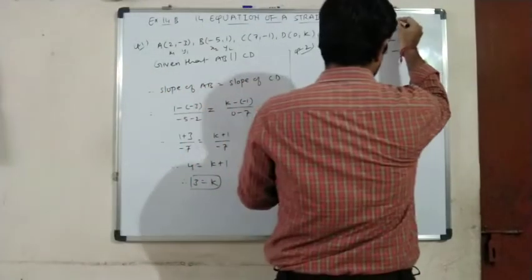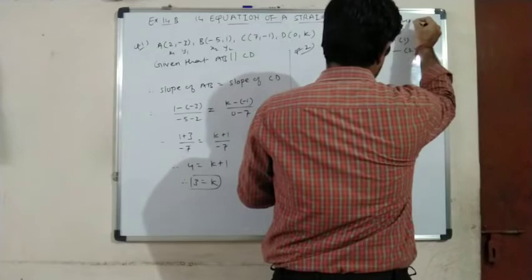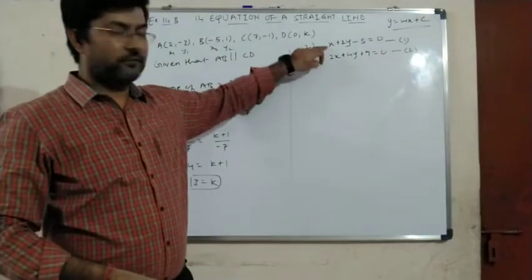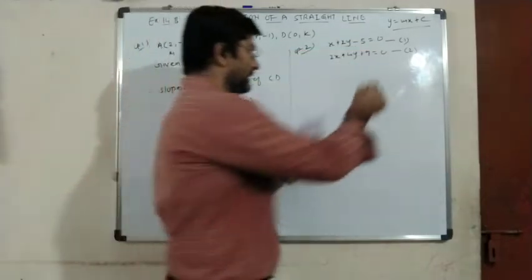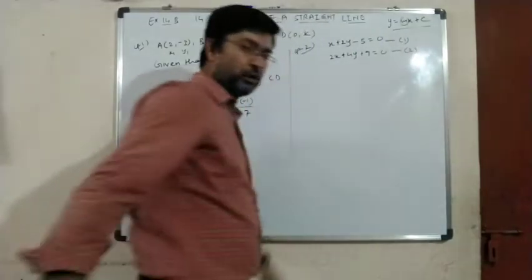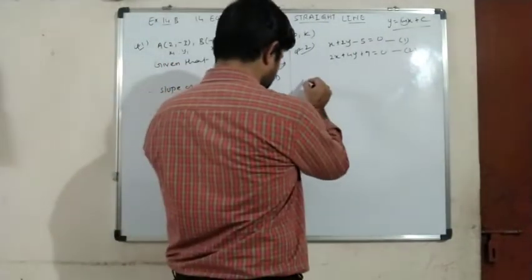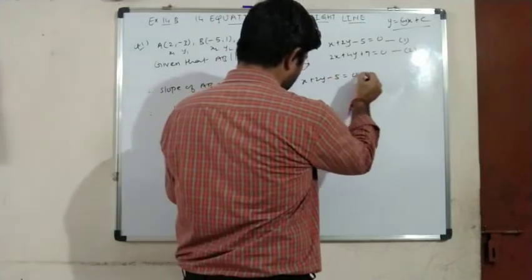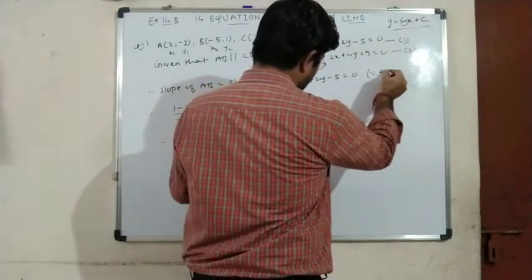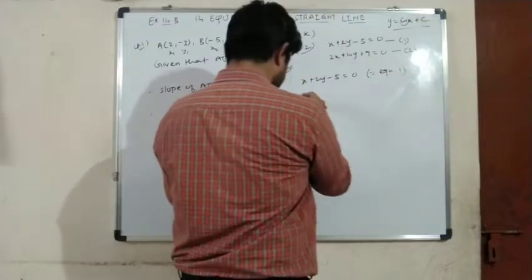Recall this form, slope intercept form. Okay, so we will convert each of these two equations into y is equal to mx plus c form, and then we will find out the m, that is slope. Yes or no? So let us take the first line, x plus 2y minus pi is equal to 0. This is equation 1.